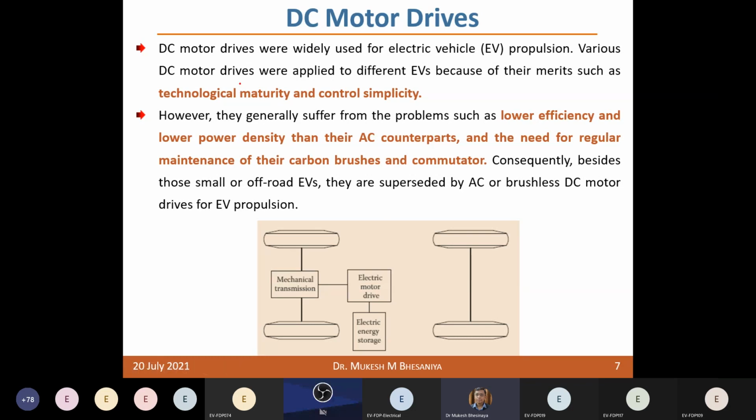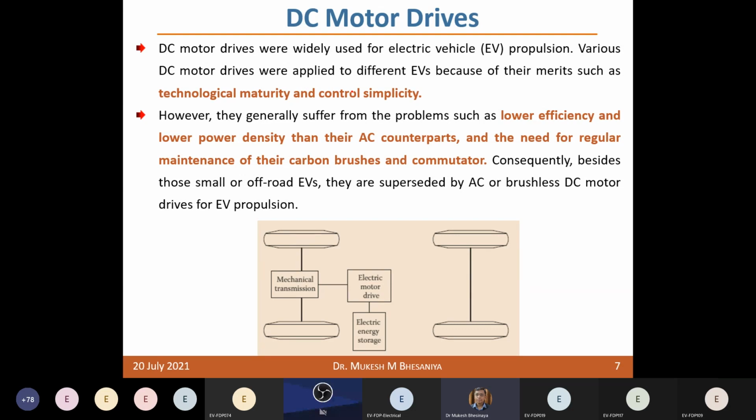This DC motor is widely used for EV propulsion, and as I already mentioned, various DC motor drives were already applied to different EVs. The main advantage is that it is a matured technology with simplicity in the control. The control is very simple compared to that of an induction motor.